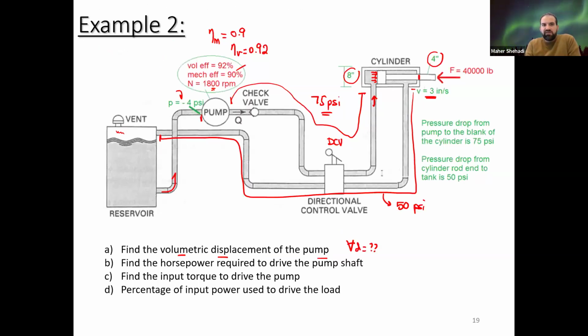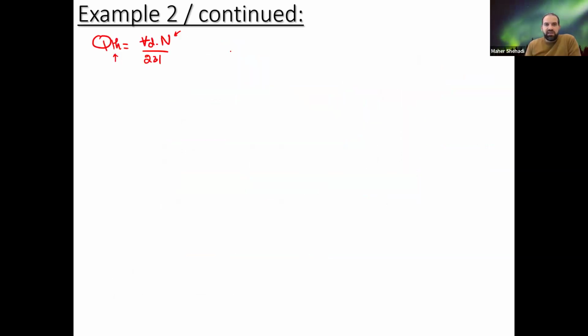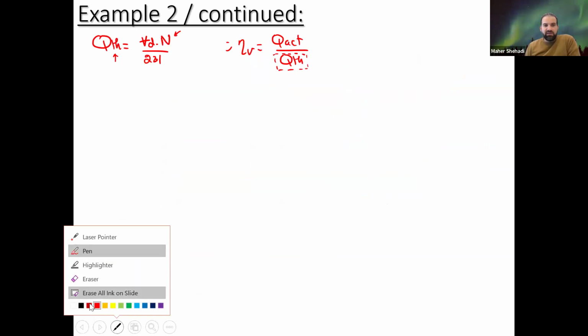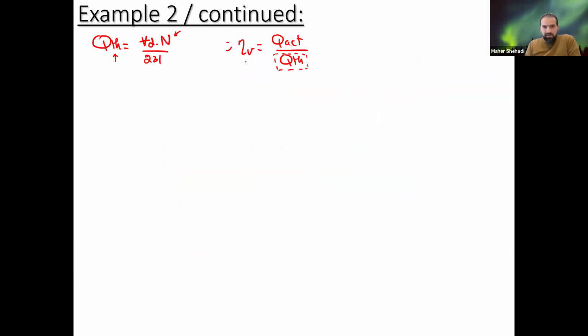I have the volumetric efficiency given, and the volumetric efficiency is Q actual divided by Q theoretical. I'm looking for the theoretical flow rate. So if I can find the actual flow rate that the pump is delivering, then I should be able to go backwards.